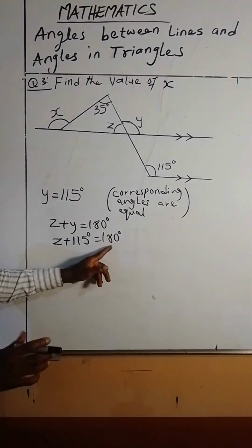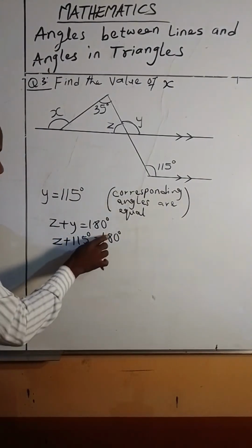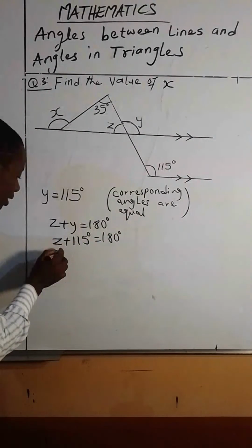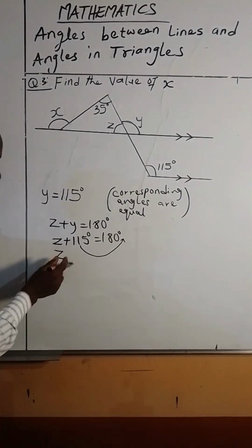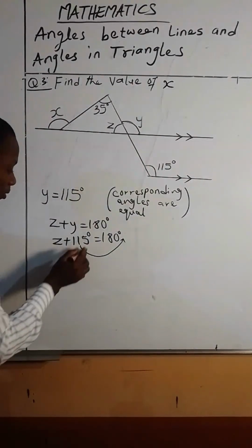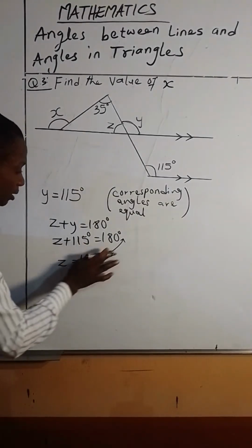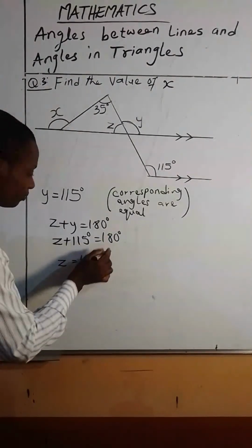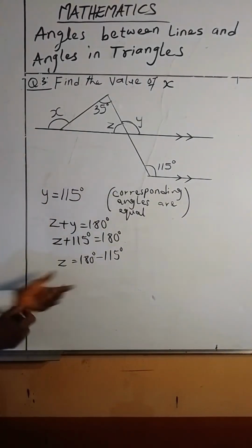We brought down the 180 degrees here, then substituted for Y. So we can now take our 115 degrees to the other side. If we do that, we have Z equal to 180 degrees minus 115 degrees.